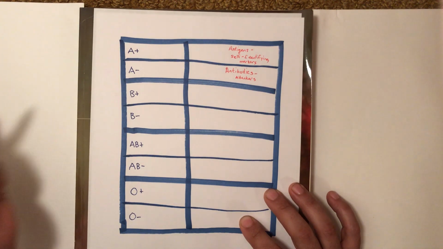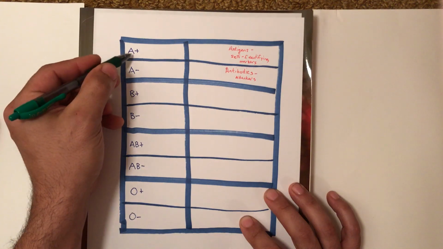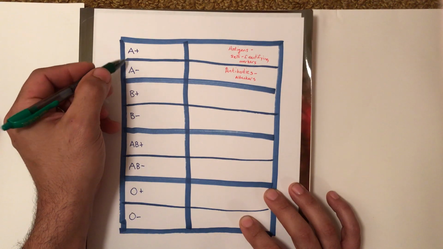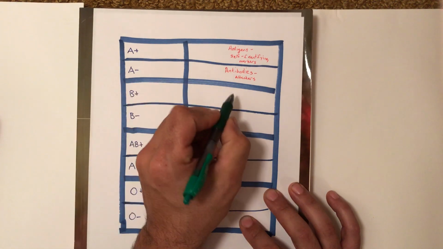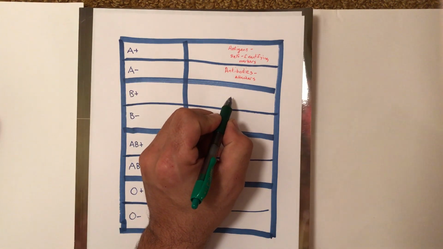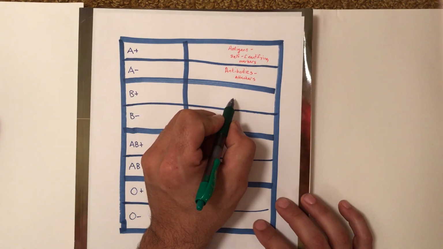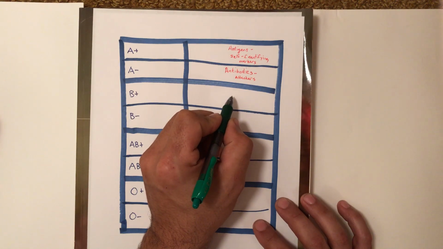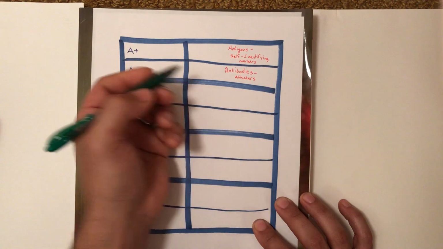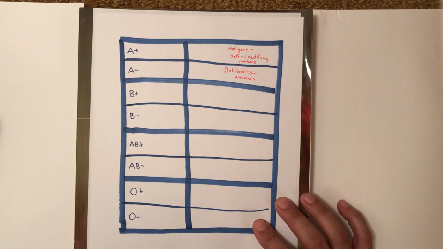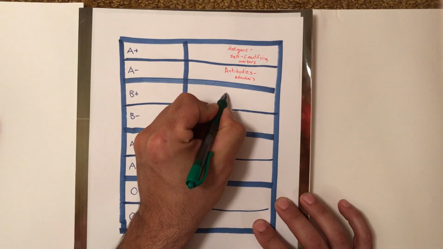And so we need to make some kind of shape for the A antigen and some kind of shape for the B antigen. Although proteins really do have shapes, they don't necessarily have a circle or a square or a triangle. But for our purposes, let's make the A antigen a circle and the B antigen a triangle.